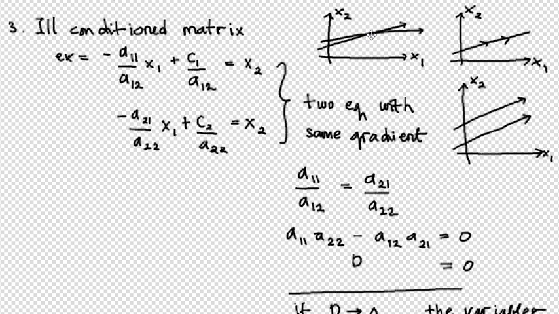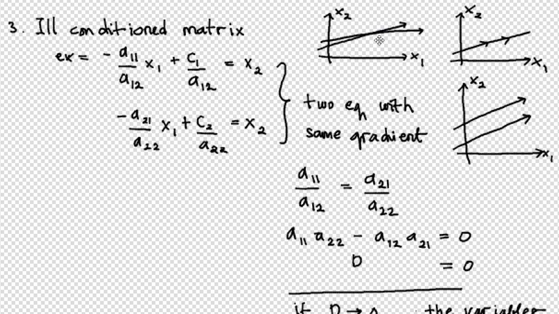We can say that it is ill condition if the equations are near to each other, or even just the same or parallel like this. So we cannot find the solution easily here. There is no solution here. This is many solutions, and this one, well, there is a solution, but it's not clear enough.